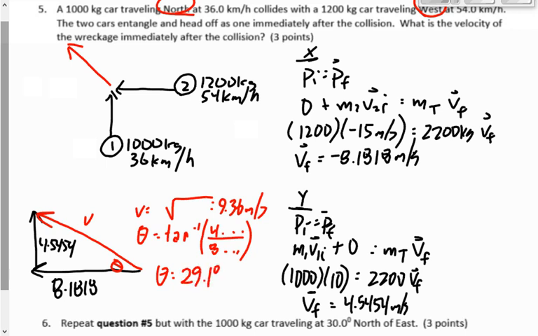So with the way that I have it drawn here, it's 9.36 at 29.1 degrees north of west. The way that I did it on my key, it was 9.36 at 60.9 degrees west of north. And of course, both of them are correct. In the test tomorrow, multiple choice, it'll specify. So you may have to subtract from 90 to get the one you're looking for.